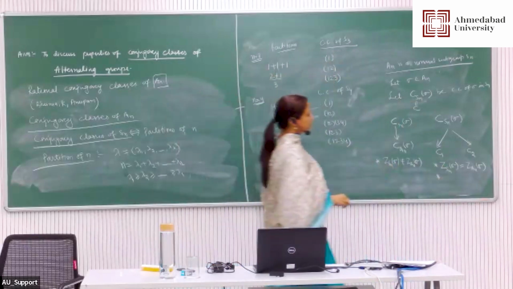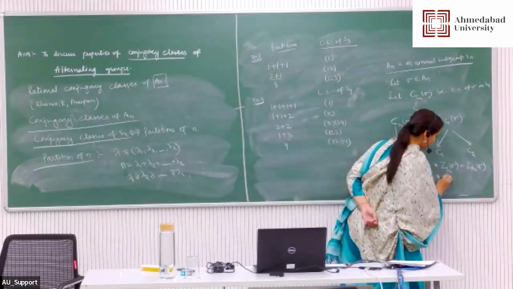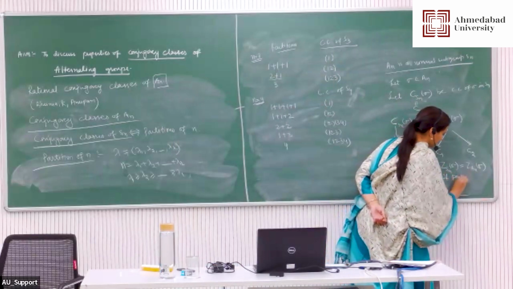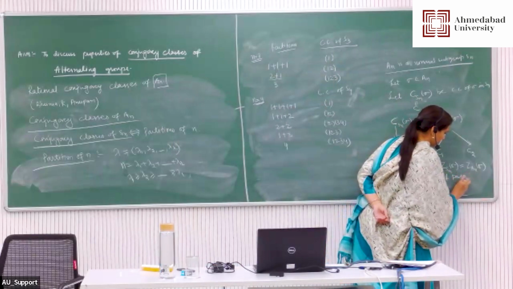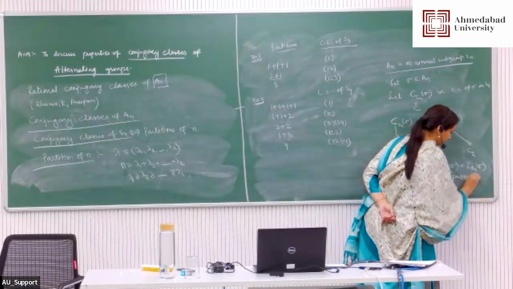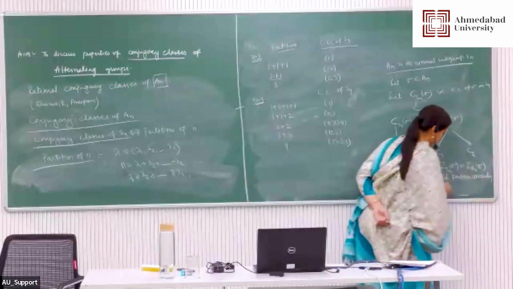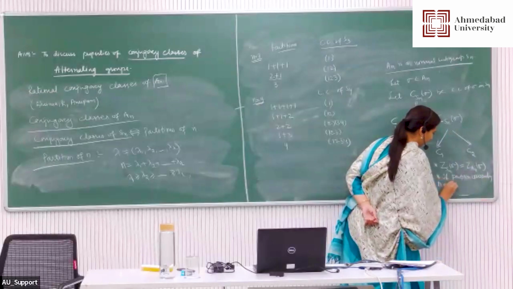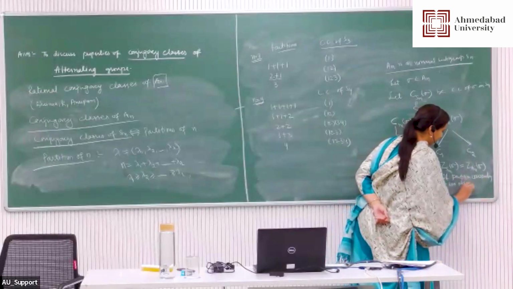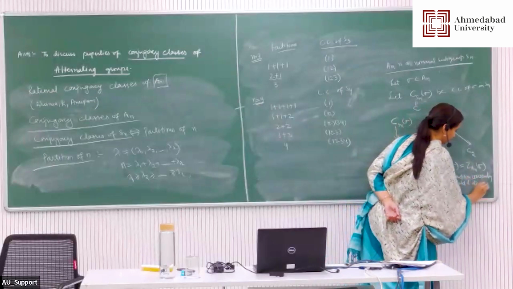So this will happen if the partition corresponding to sigma has odd and distinct parts.